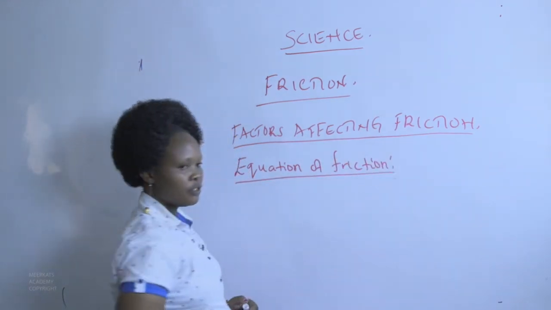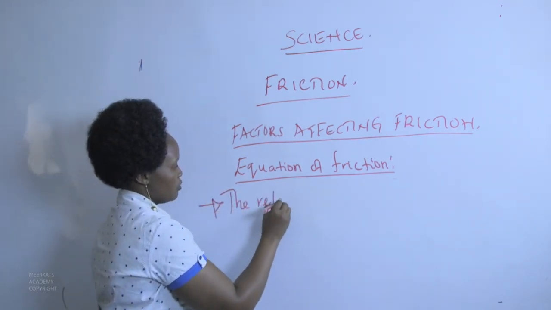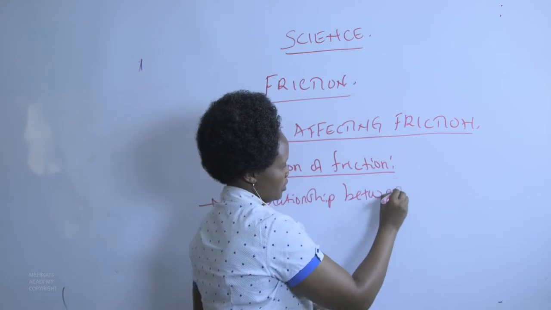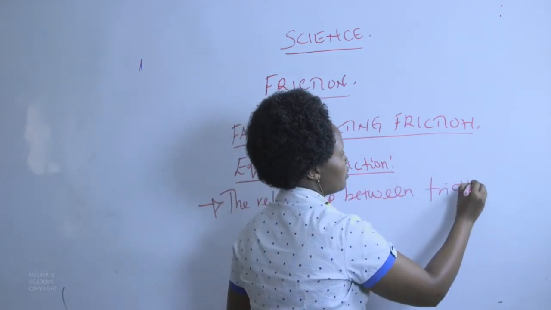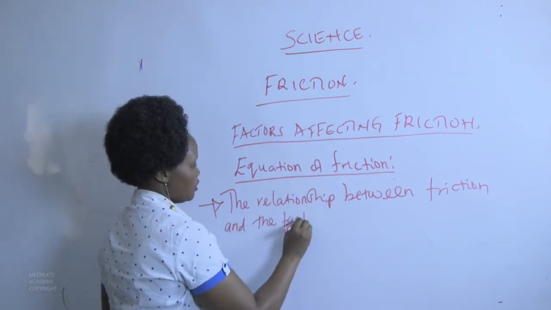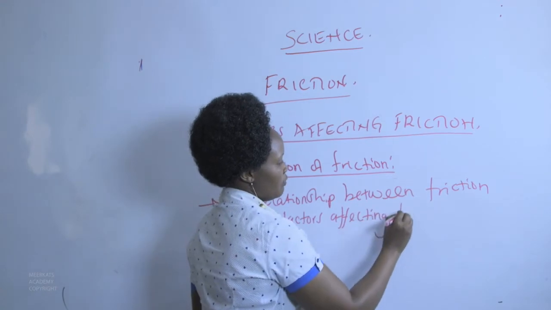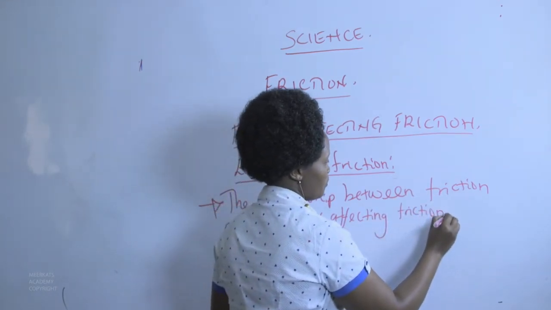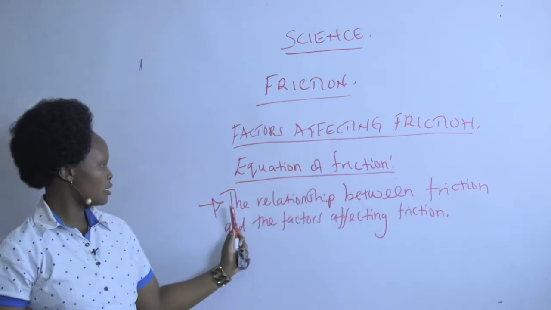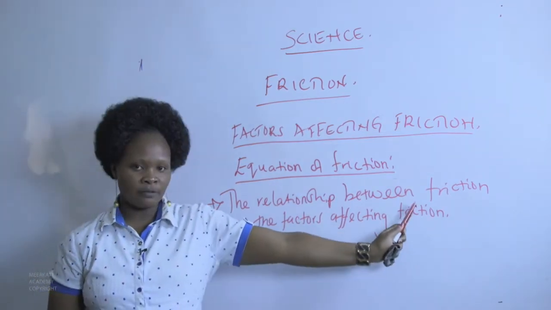The equation of friction is basically the relationship between friction and the factors affecting friction.